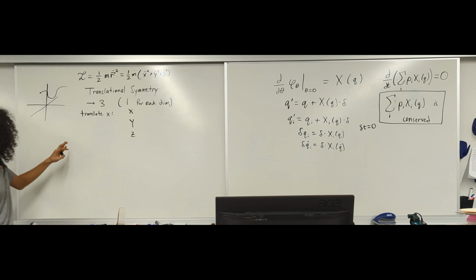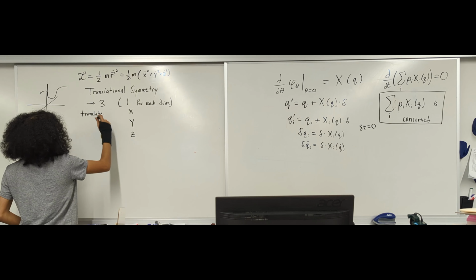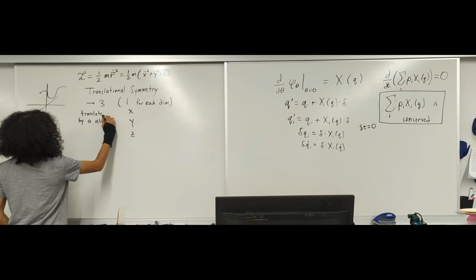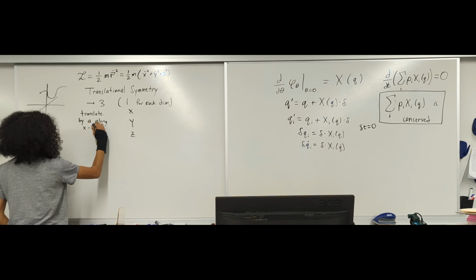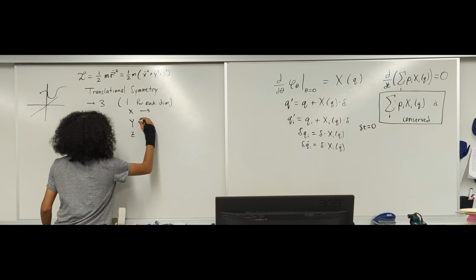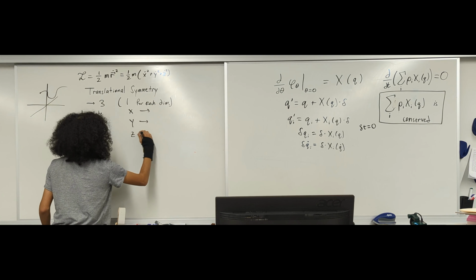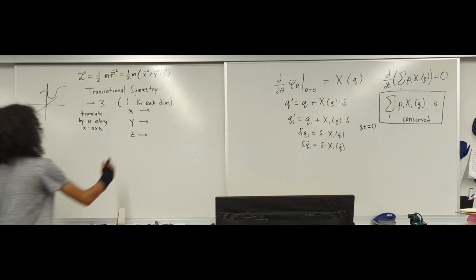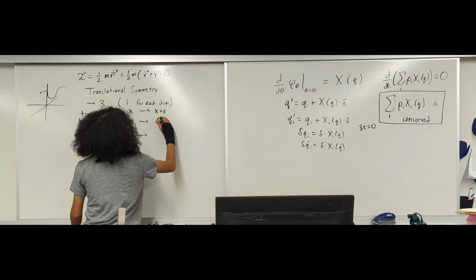Let's say we translate by an amount a along the x-axis. Where does x go, what does y go to, what does z go to? X would go to x plus a, y would remain y, and z would remain z.